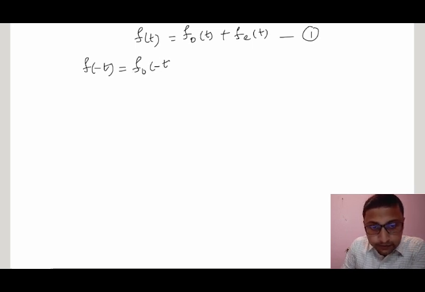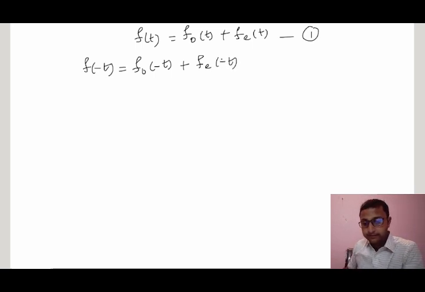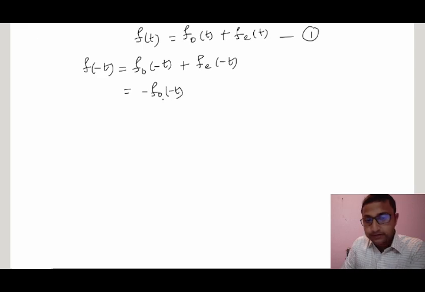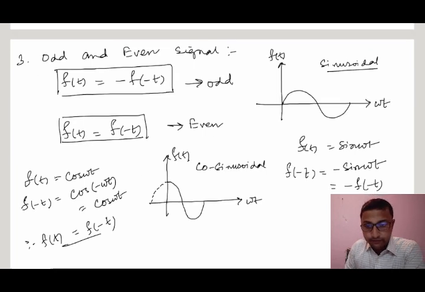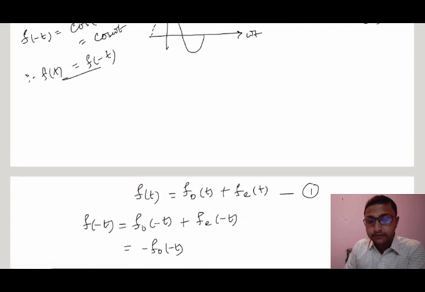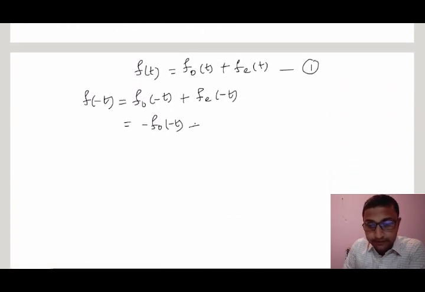Then f(-t) is f_odd(-t) plus f_even(-t), right? So f_odd(-t), we have already got in your previous session, for an odd signal f(t) is equal to minus f(-t). So that means minus f(t) plus f_even(-t), that is equal to f_even(t).